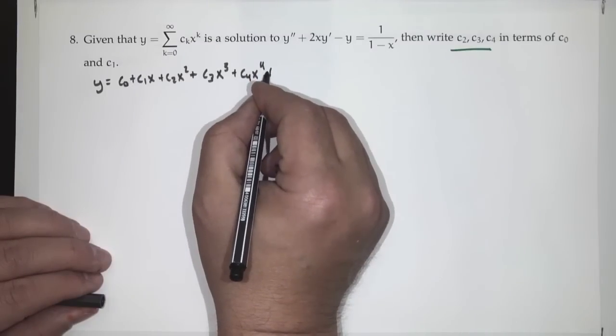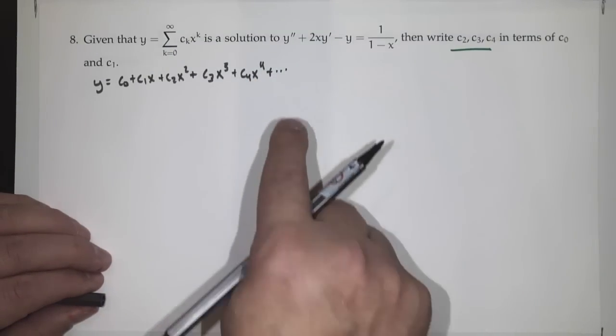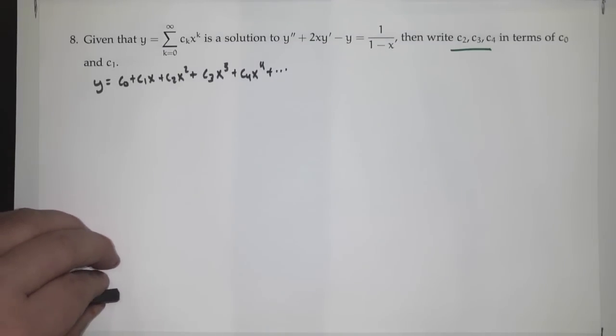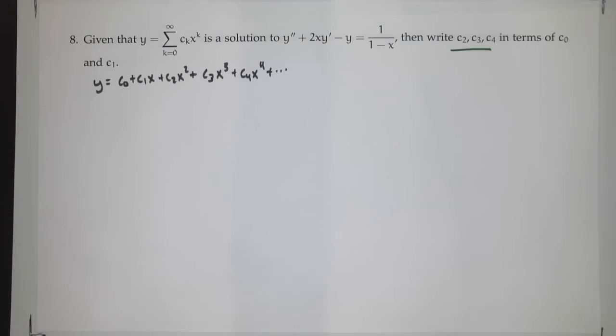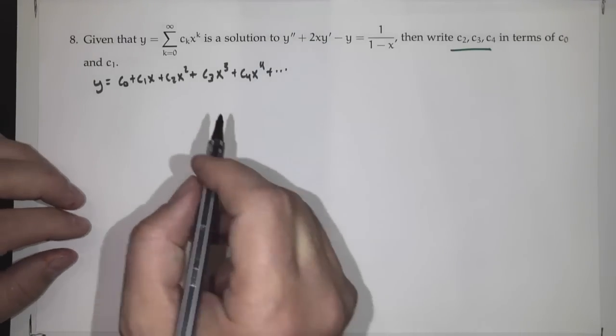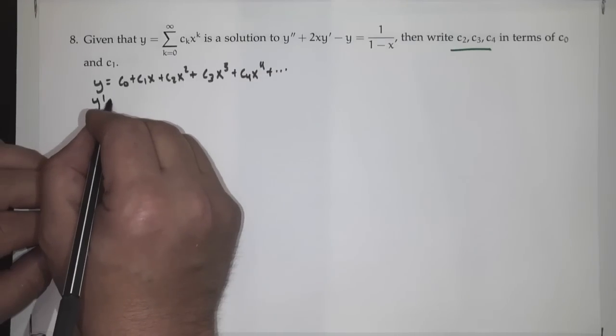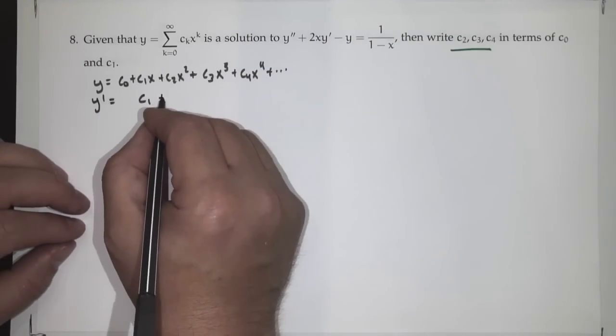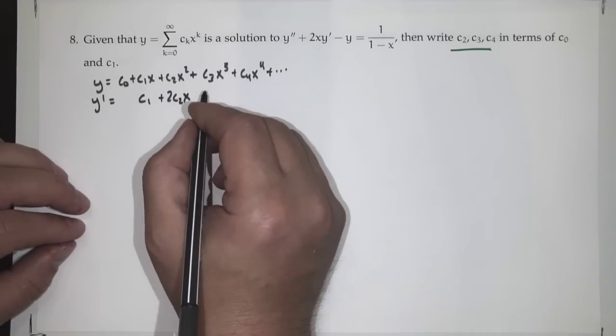And then it's other stuff. Do I care about this other stuff? No. I don't need that. I just need to figure out up to c4. Okay, so we're going to need to know what y prime is. Well, all right, so we take our first derivative. No worries.